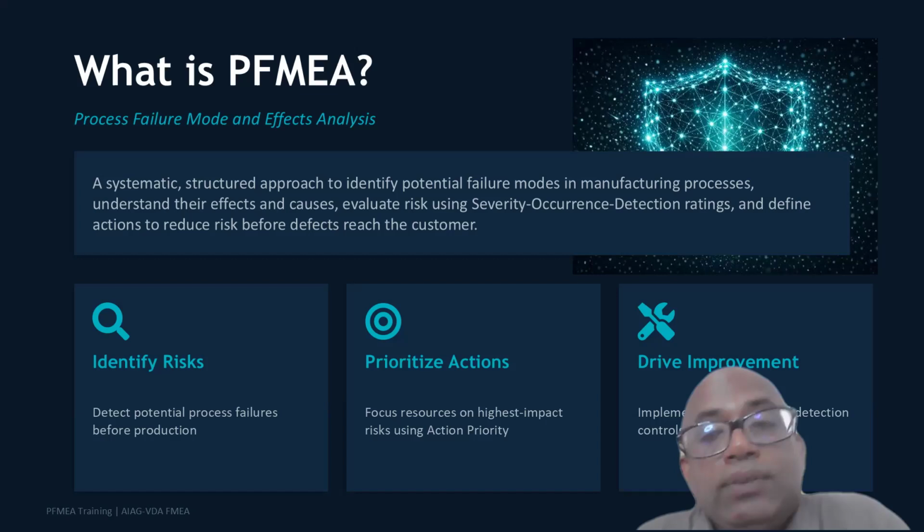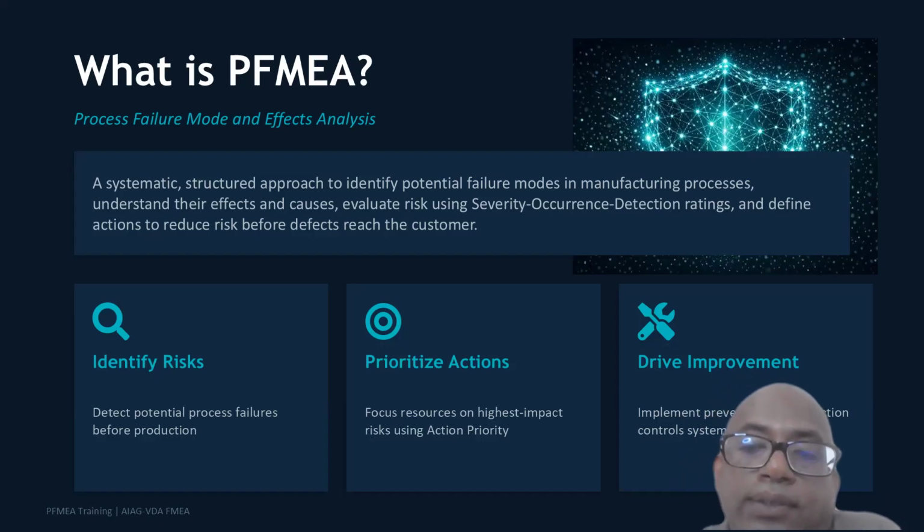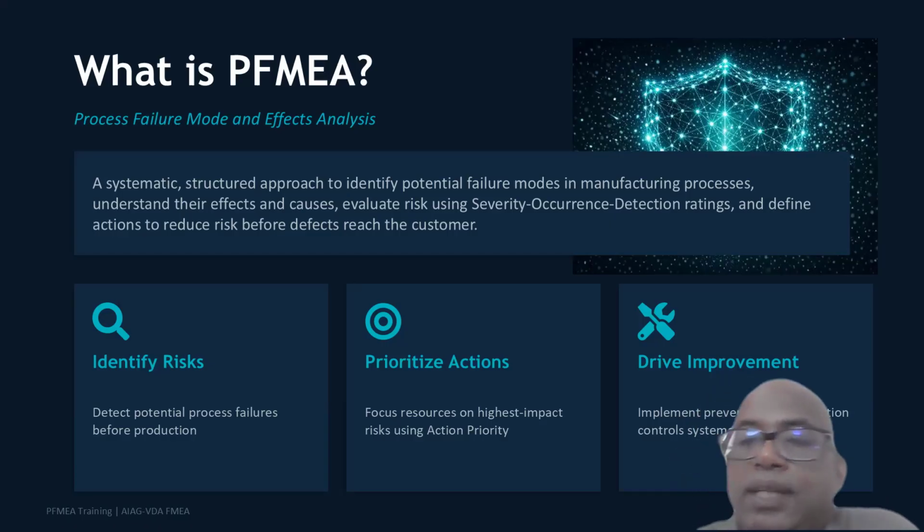The first one is the identification of risk: detect potential process failures before production. I know many industries are in production now and are just introducing FMEA, but that is not a problem. The real thing is that when you introduce a new product to your process, you have to do the FMEA activities before you start production.